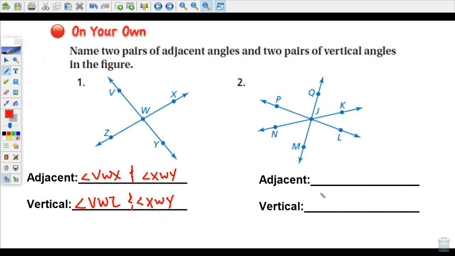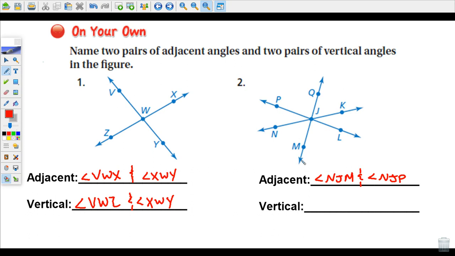In number two, a pair of adjacent angles could be angle NJM, and then next door to that could be NJP. Again, there are several. That's just one example. With vertical angles, remember, you only want to look at two lines intersecting.